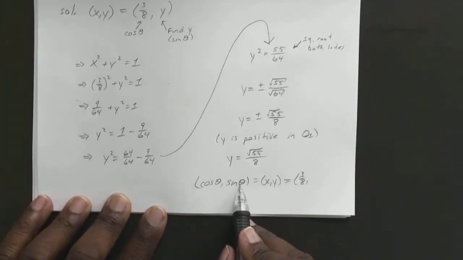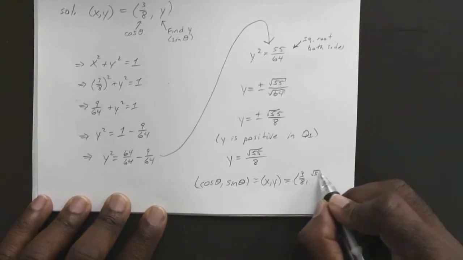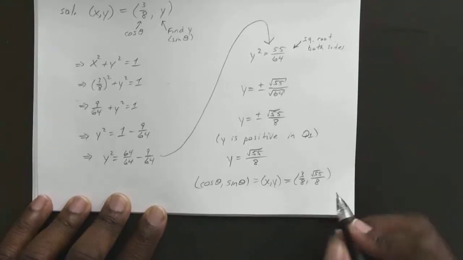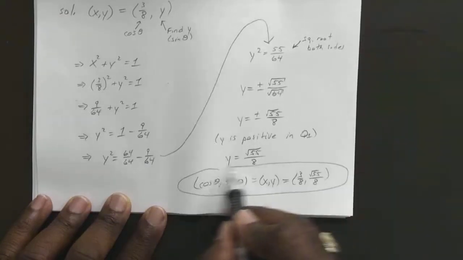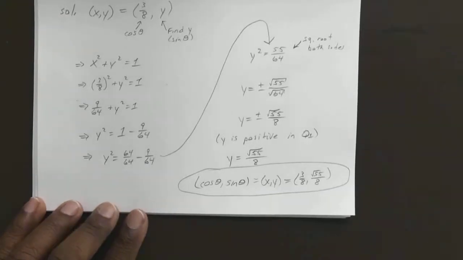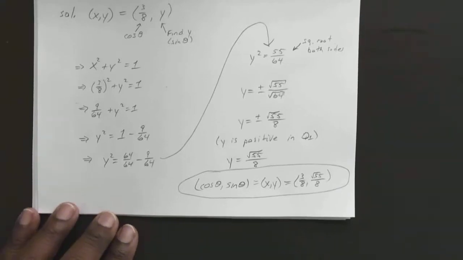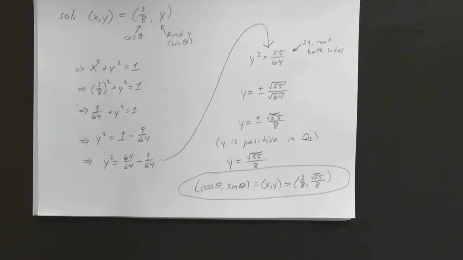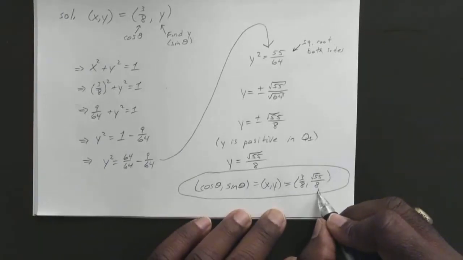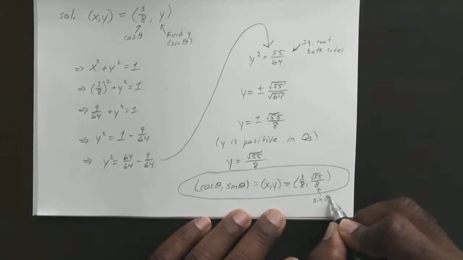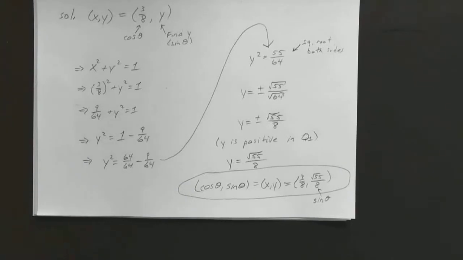And our sine of theta, which is our y, square root of 55 over 8. All right, any questions on that one? All right, I'll leave that up there for a few. Mark that just in case.